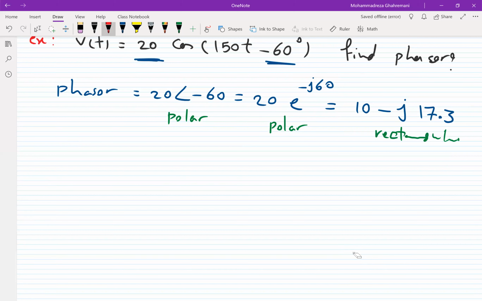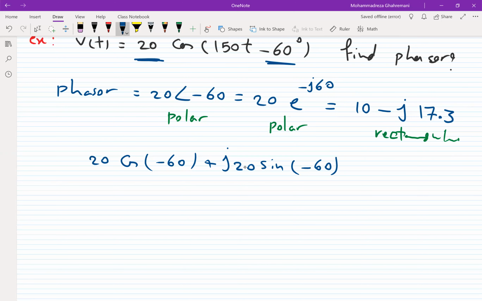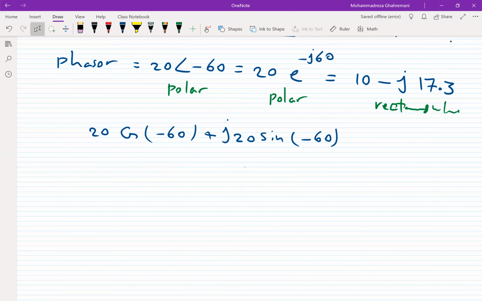We know that based on the convention, 20 cosine of negative 60 plus j 20 sine of negative 60, in order to convert it to rectangular.